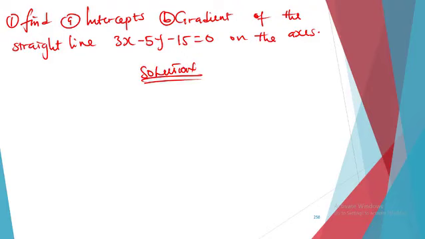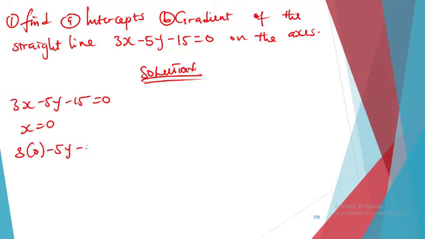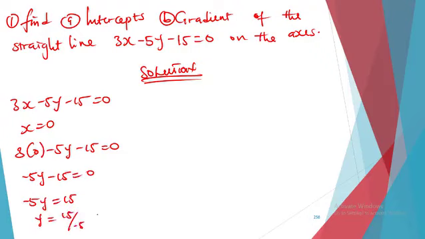To find the intercept on the y-axis, we substitute x to be 0, so we have 3 into 0 minus 5y minus 15 equals 0. Then minus 5y minus 15 equals 0, so minus 5y equals 15, and y equals 15 over minus 5, which gives minus 3.